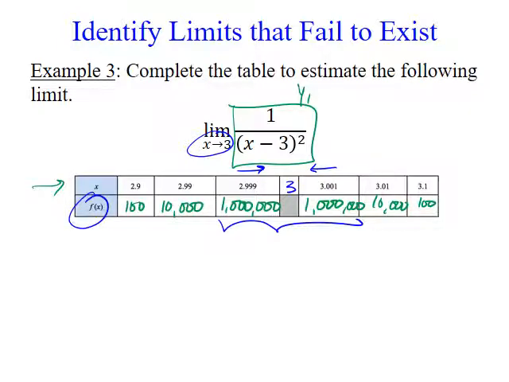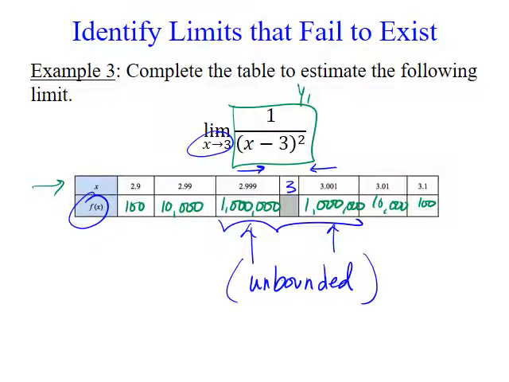It's going to be bigger and bigger. Just because these values are 1,000,000 doesn't mean this is equal to 1,000,000. Okay? In fact, what this means is that our function is unbounded as x approaches 3.